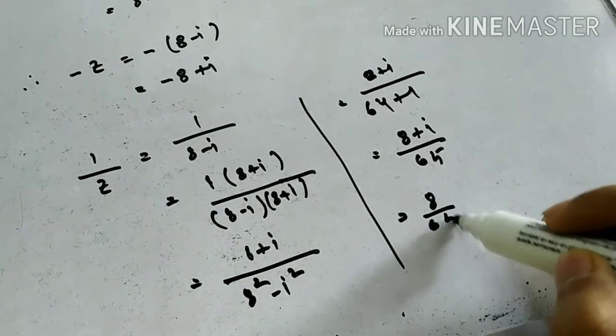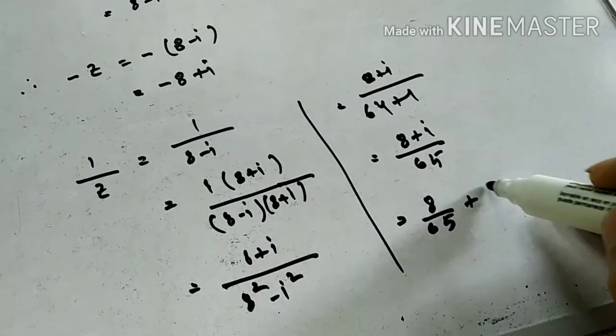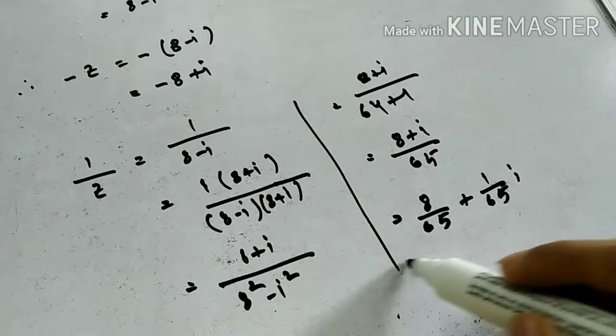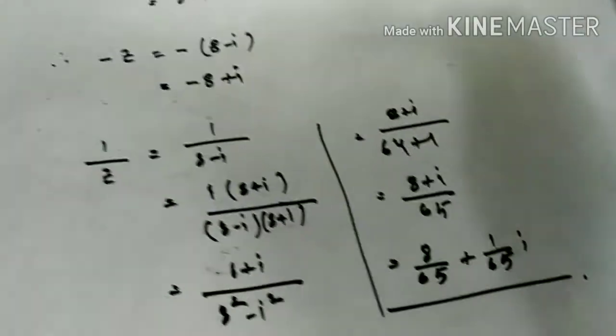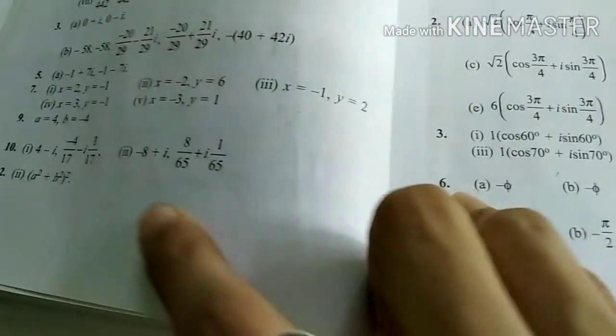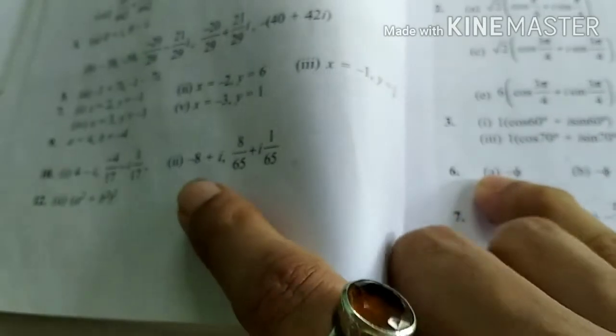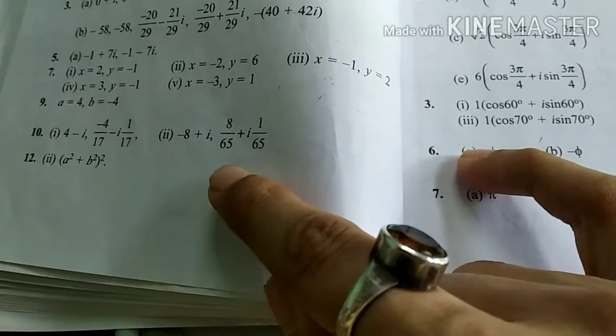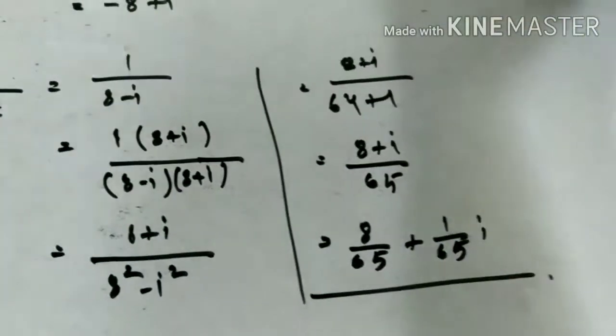So 8 by 65 plus 1 by 65 i. This is the answer. Okay, 8 plus i is the additive inverse of 8 minus i, and the multiplicative inverse is 8 by 65 plus i times 1 by 65, whatever you write. Understand?